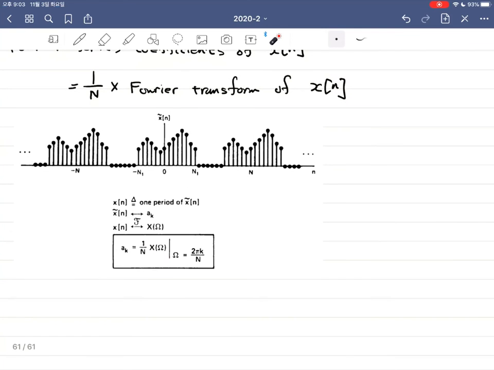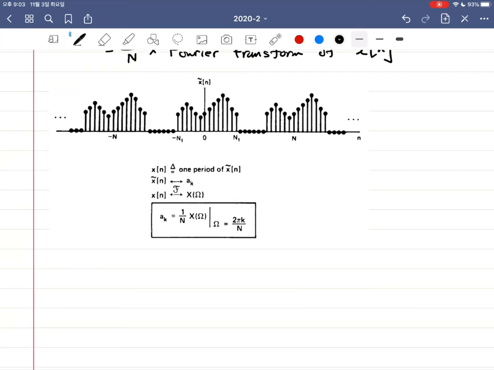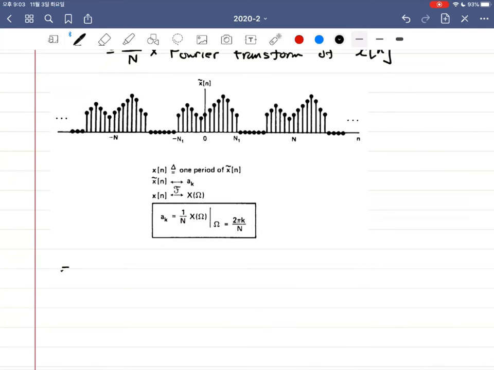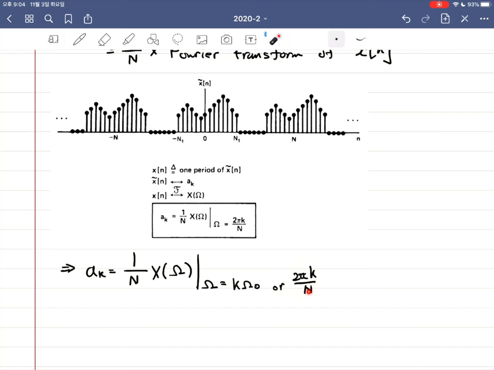Okay, so we can say that a_k is 1 over N times X(omega), where omega should be a multiple of omega 0, or 2 pi k over N. It's the same thing, right? It's like a harmonically related frequency that can be inserted into this omega.